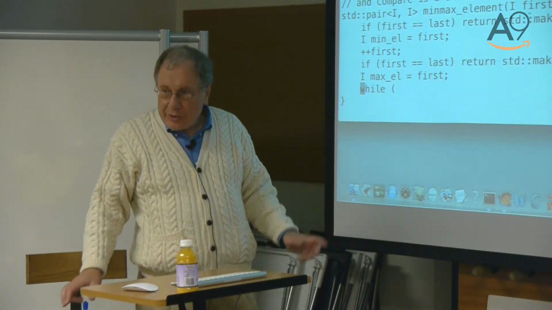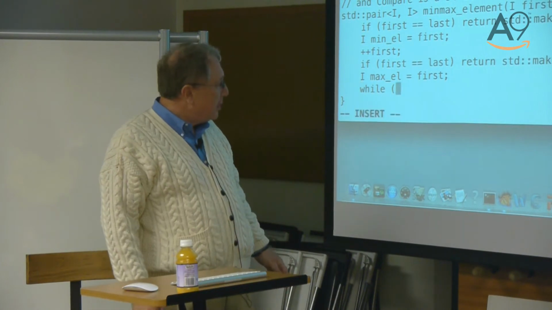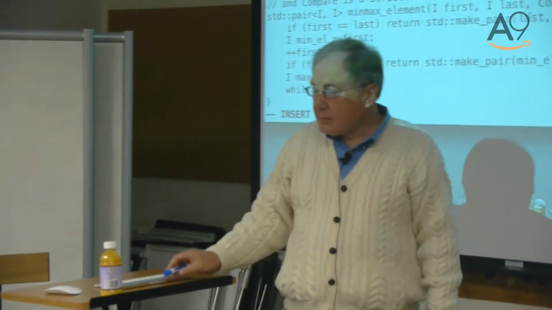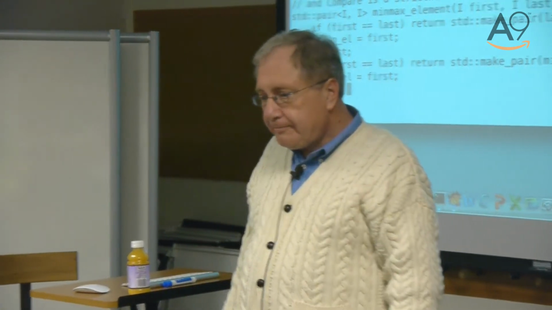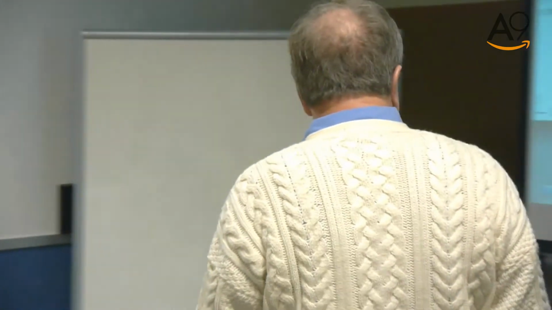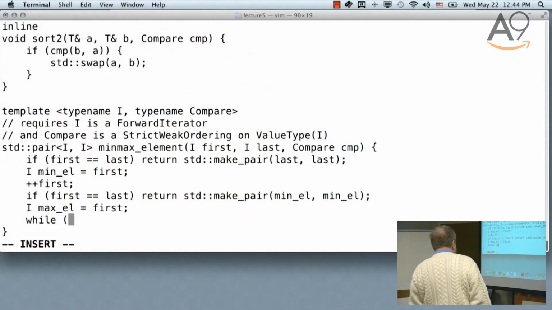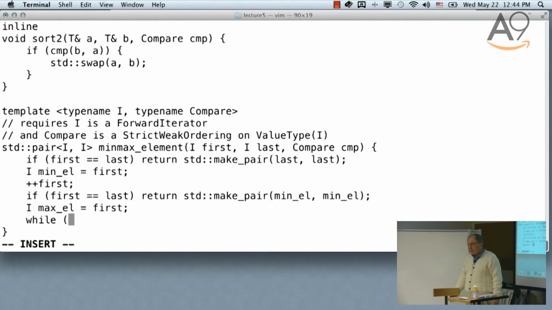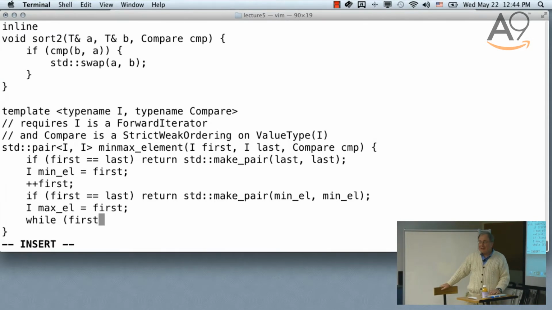Okay, so what do we do here? We can compare first with the... You want to compare first with what? What is our algorithm? Let's go back to the algorithm.